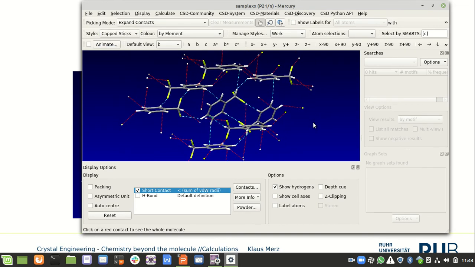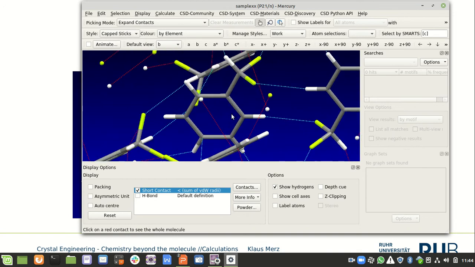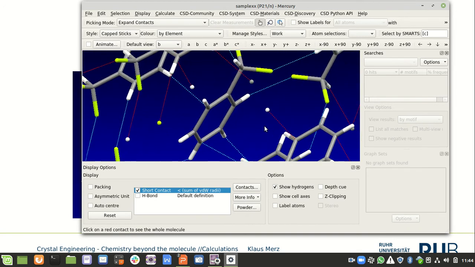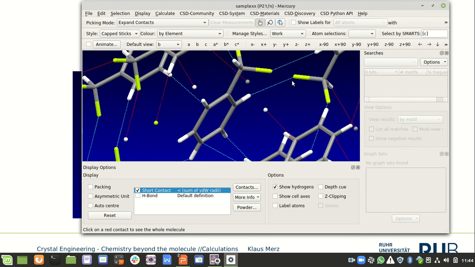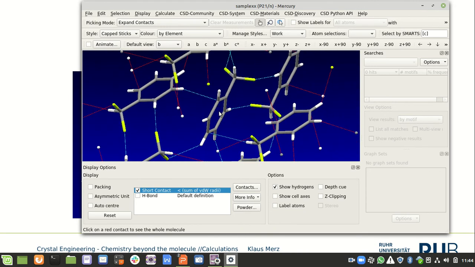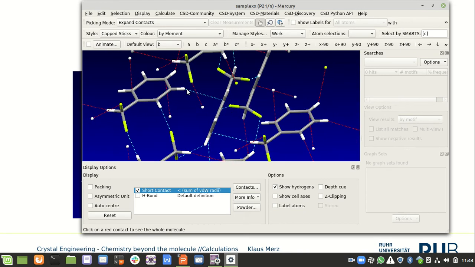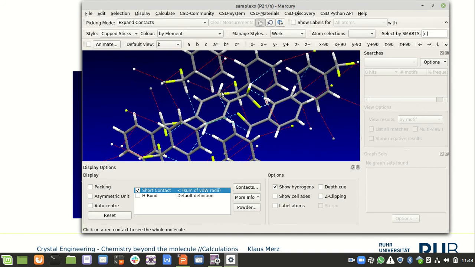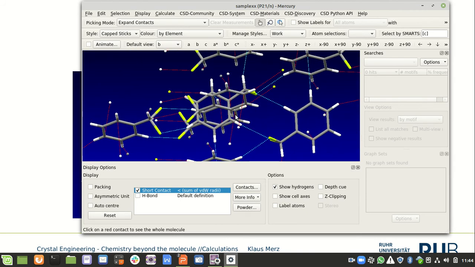Yeah, look at the central motif here. You see several intermolecular interactions. Here the H atom interacts with fluorine, with a hydrogen. Here the backbone with a hydrogen. And so on and so on. So, several intermolecular interactions.